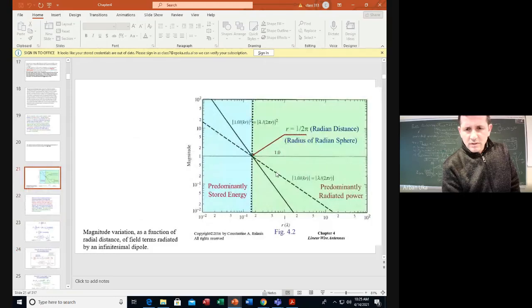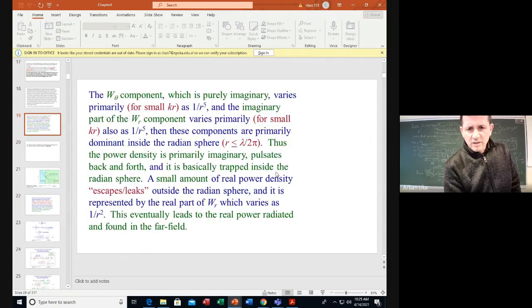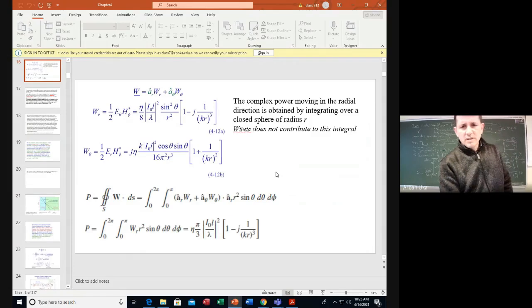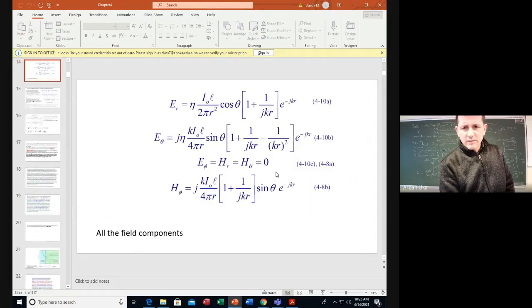This graph is good for you to analyze while looking at the same time at these expressions. For example, for the power density, we have here 1 plus 1 over kr squared. And here we have this E theta. E theta is composed of 3 terms. One is just a constant term.